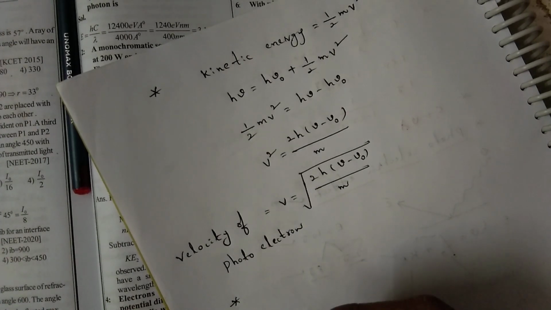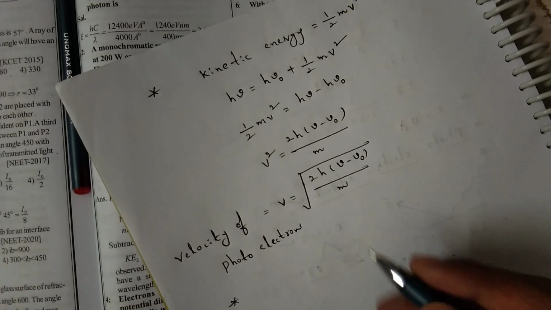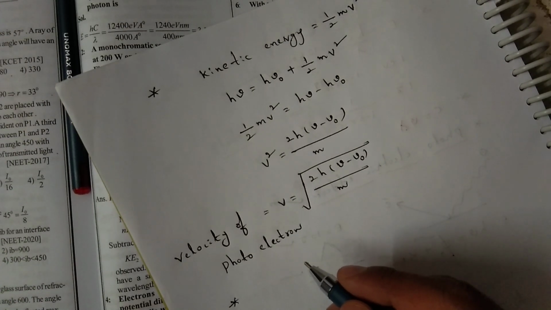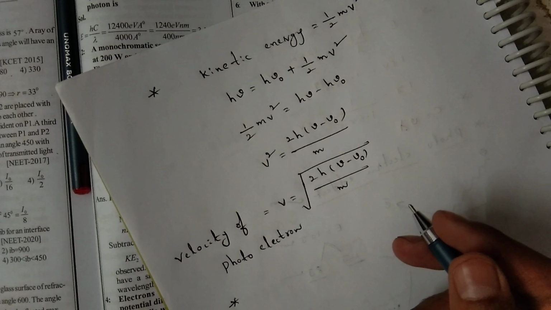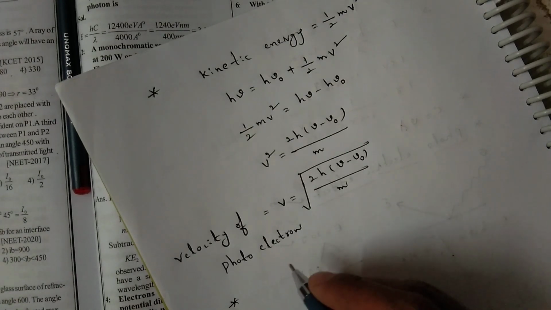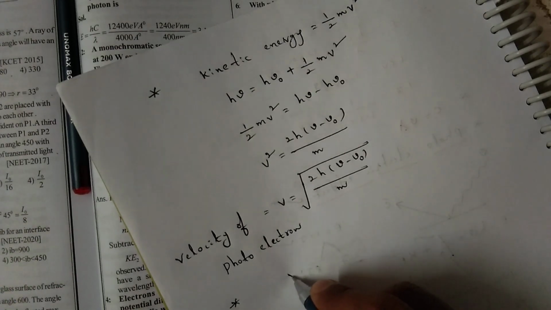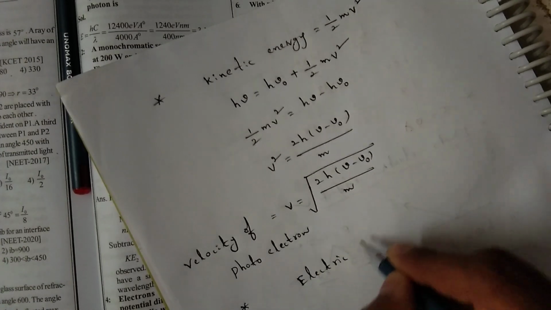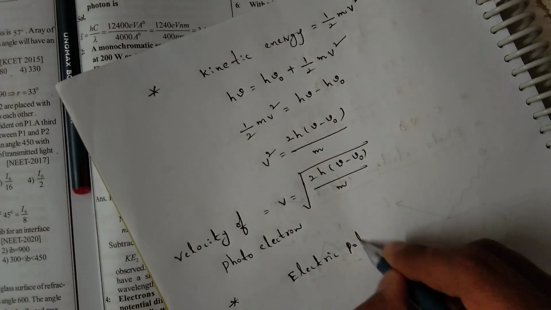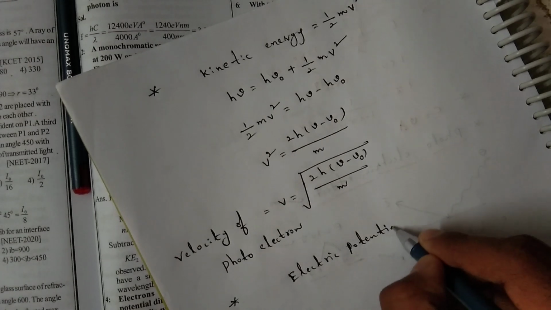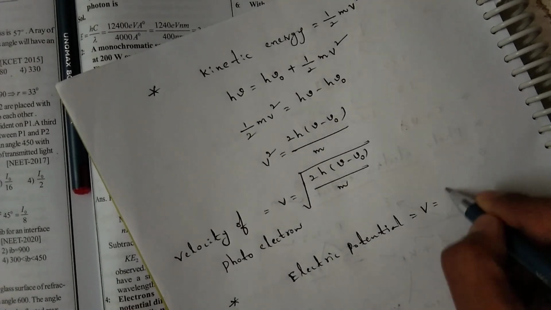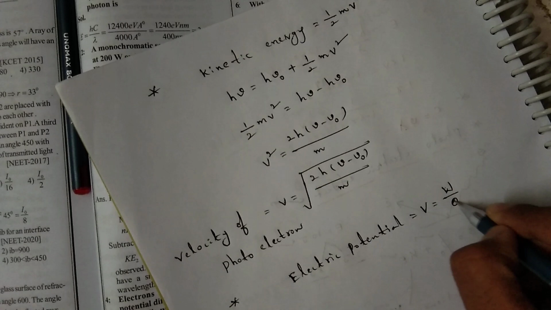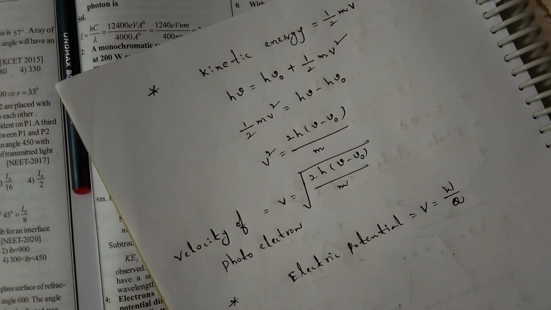Once we consider the kinetic energy, as you know that in the lesson electric potential, electrostatic potential and capacitance, we have the formula of electric potential. V is equal to W by Q. Recollect this formula.